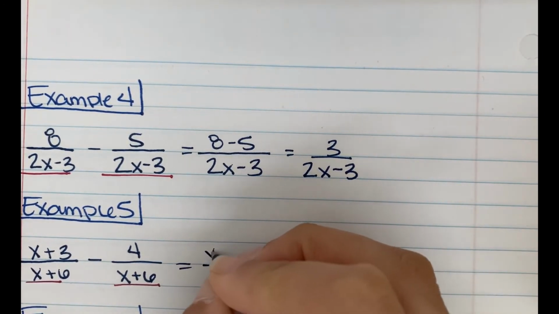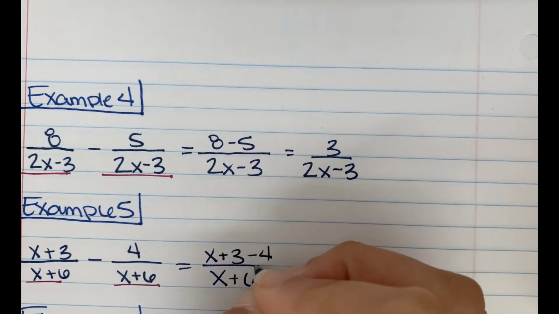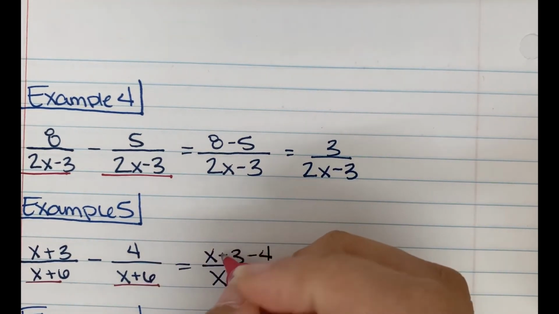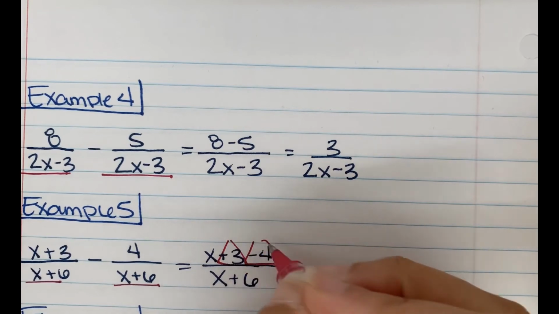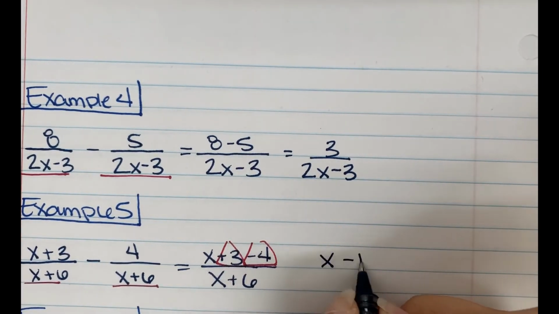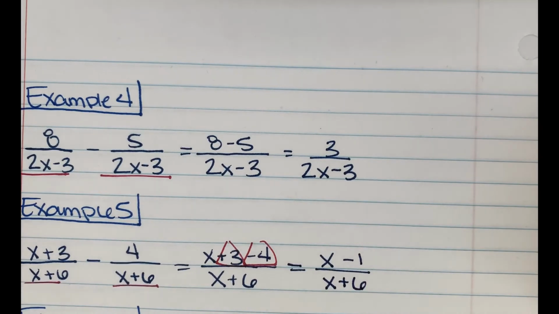Subtracting straight across, we'll have x plus 3 minus 4. 3 minus 4 is negative 1 because we're combining our terms here, right? We have two constant terms. So we'll have x minus 1 over x plus 6. And that is our new answer.